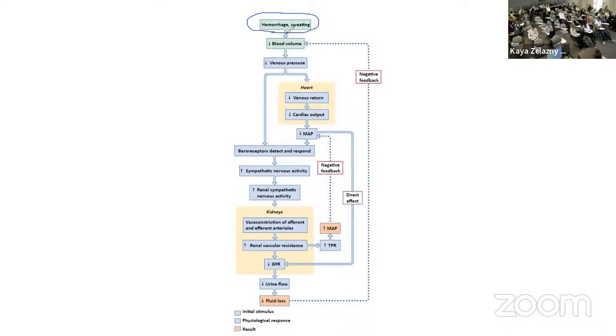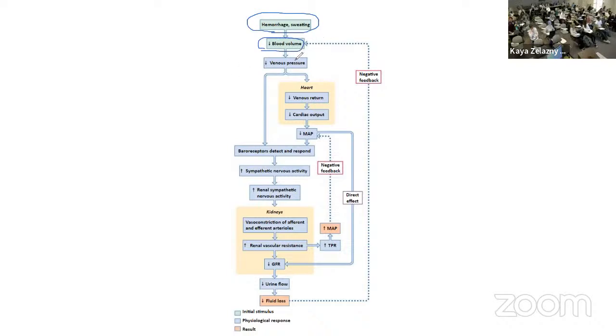Same sort of thing would be happening if you're hemorrhaging, okay? So this is going to decrease blood volume, which overall is just decreasing a bunch of pressures in your cardiovascular system, right? So this is tracking back through some of the things we've spoken about in previous units.